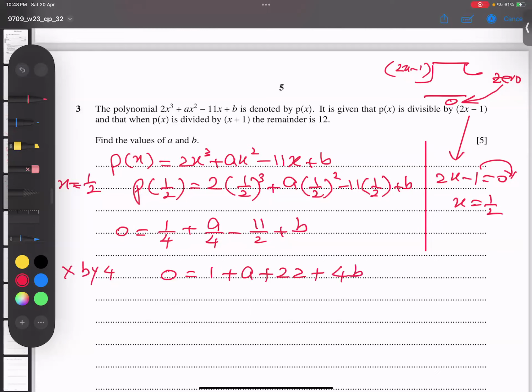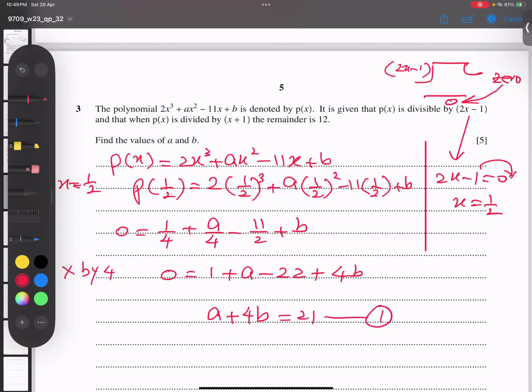So I can see here I got the equation a plus 4b, and this is 20. Wait a minute, this is a sign problem here, this is a negative. Let me recheck. Yes. So this is negative. Negative 22, I got a 21. Negative 21 goes there, positive 21.